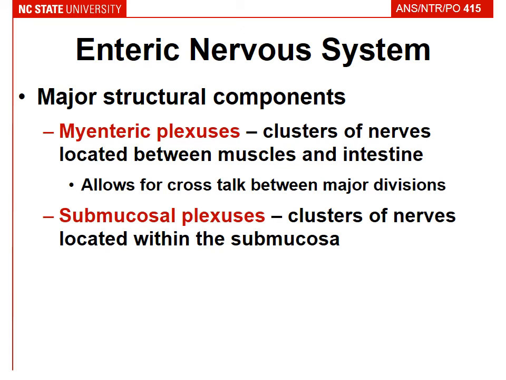The myenteric plexus is clusters of nerves located between the muscles of the intestine, and the submucosal plexus is clusters of nerves located within the submucosa. I like to show that the myenteric plexus, these clusters of nerves, are able to crosstalk between the sympathetic and the parasympathetic, which I'll show you in the next picture.